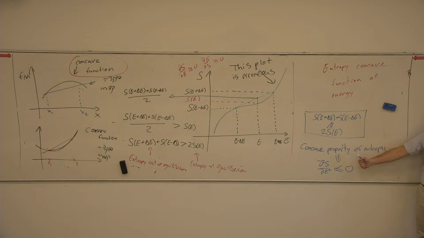It's not the other way around. Okay, so for any concave function, the second derivative is going to be negative. But not every function that has a negative second derivative is going to be concave.